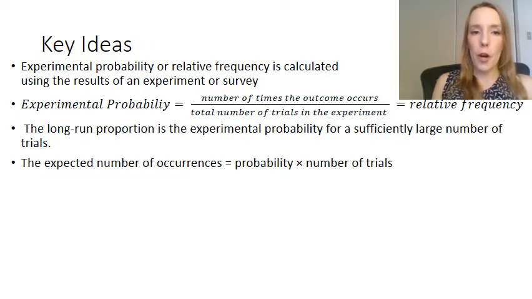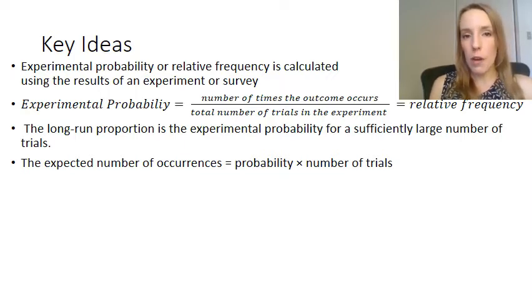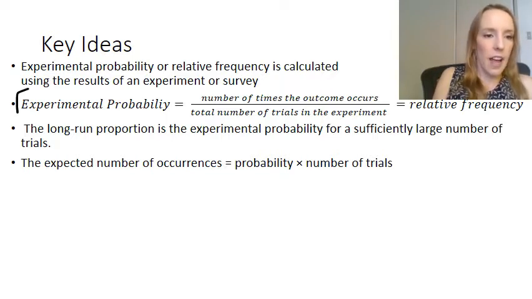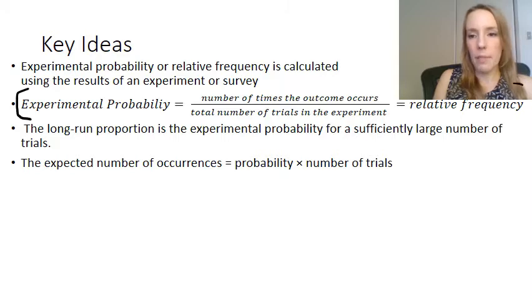Okay, so we've got some more key ideas, but these are about experimental probability. Experimental probability, or relative frequency, is calculated using the results of an experiment or survey. So our formula here: experimental probability is the number of times the outcome occurs over the total number of trials in the experiment, and we can also call that our relative frequency.